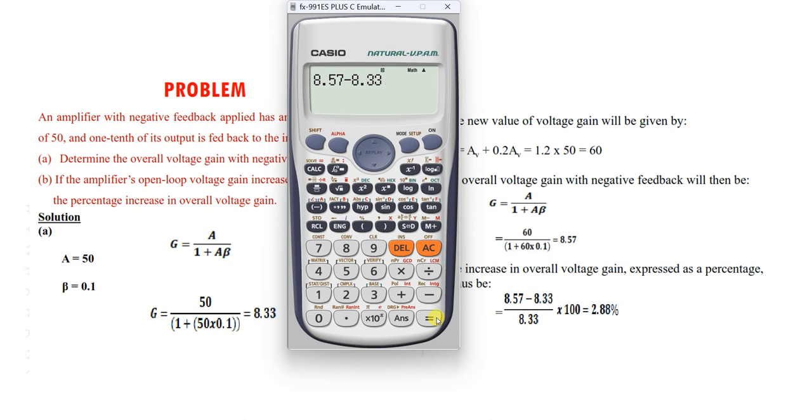Don't write divide now only; in the numerator and the denominator, if a plus or minus term is there, you have to write brackets. Then divide by 8.33 into 100%. It is 2.88 percentage you have to write. Okay.